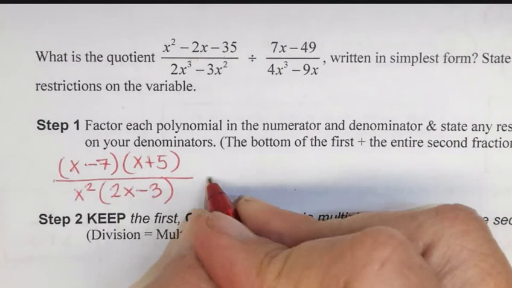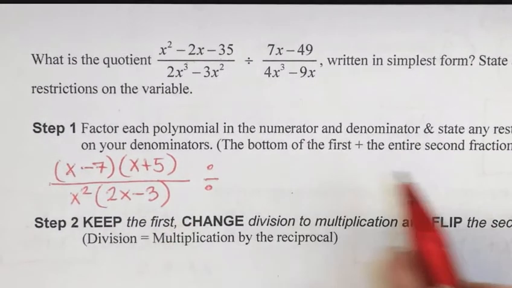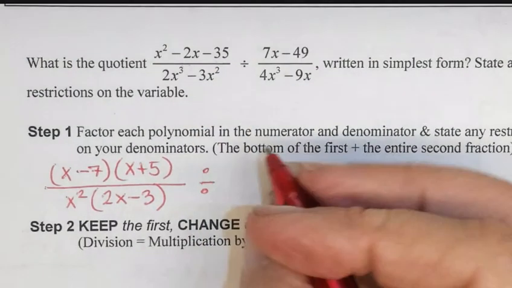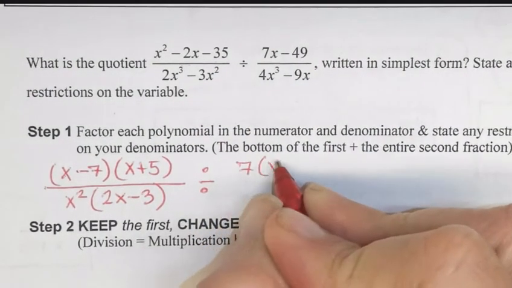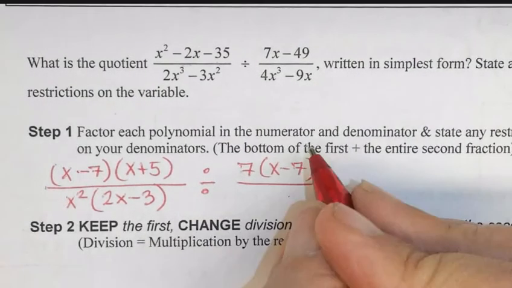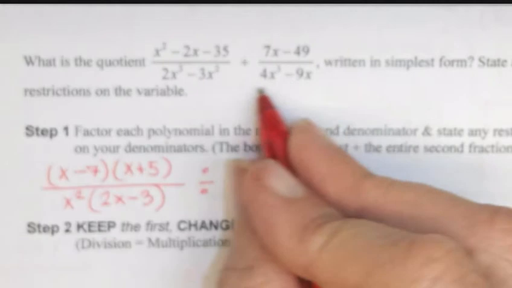Divide. And now we're going to come over here and factor this whole second fraction. 7, x minus 7, over GCF. What do we have?